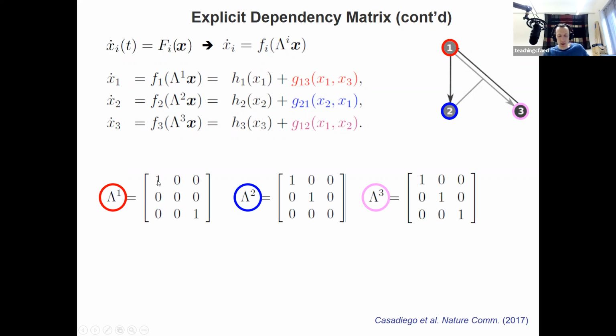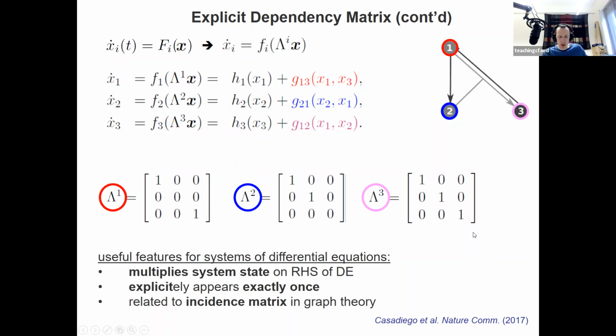So the former incidence matrix rows become the diagonals of the explicit dependency matrix. Here is 1, 0, 1 as before, 1, 1, 0, and 1, 1, 1. This lambda I, the explicit dependency matrix, has a number of useful features for systems of differential equations. It does multiply the system state x on the right-hand side.